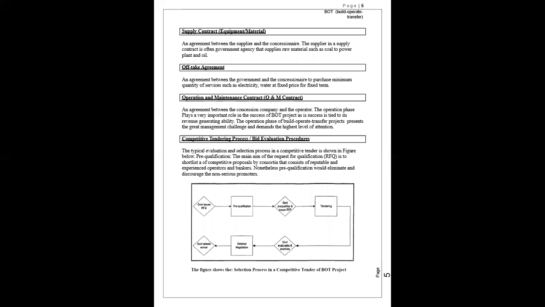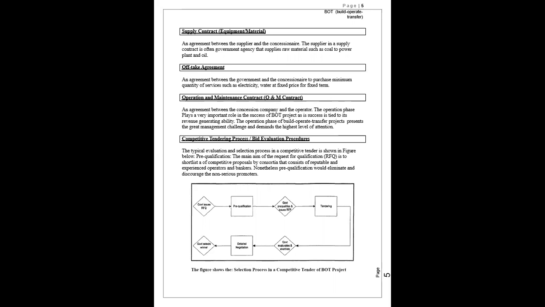So again, I will make a contract with the government. As you are providing the coal at this rate, you have to purchase this electricity at this rate for these many years, so that the power plant can be run. Okay, so that is called the take-off contract.